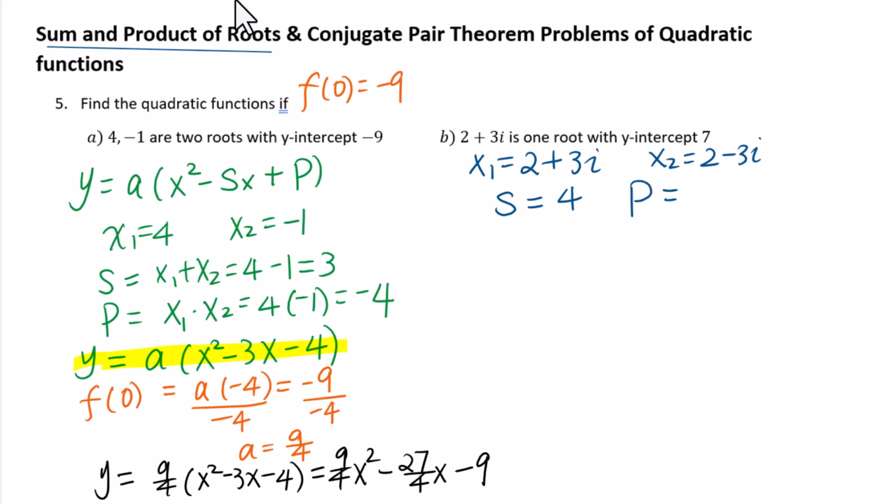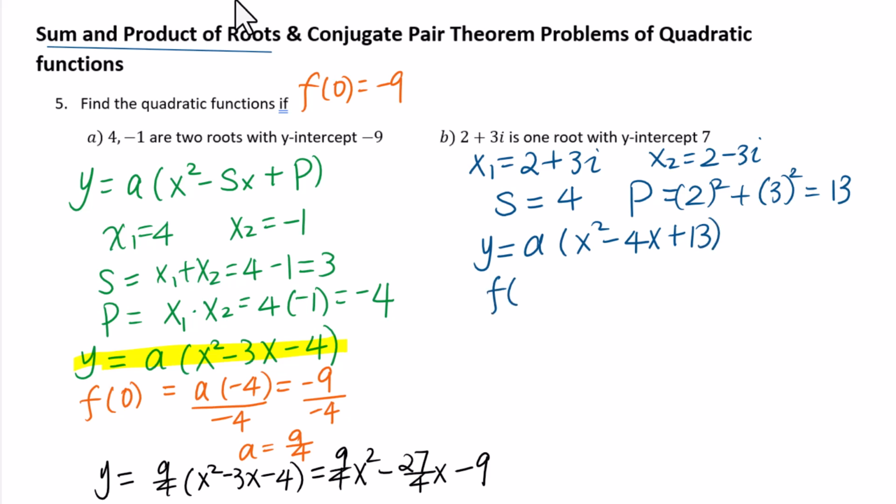Product of those two roots equals 2 squared plus 3 squared equals 13. So we can write down the Vieta's form: a times x squared minus 4x plus 13. f of 0 equals a times 13 equals 7.